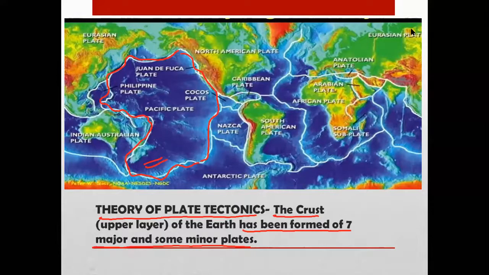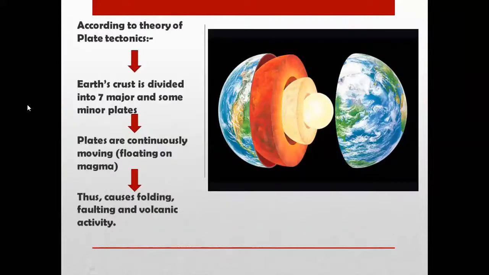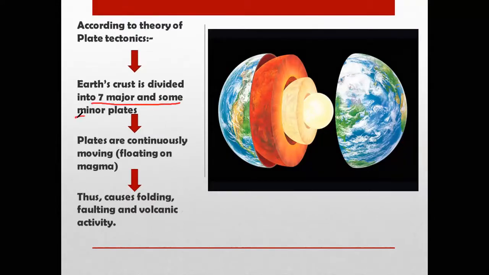So basically, the theory of plate tectonics states that Earth is divided into 7 major and some minor plates. Now these plates are continuously moving as they are basically floating on magma.